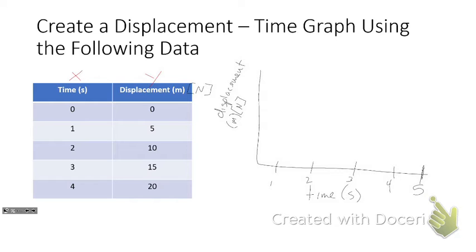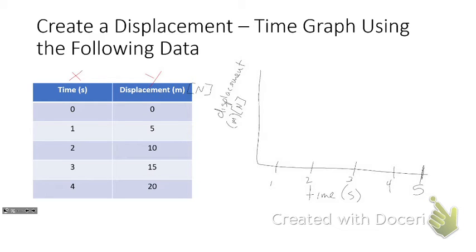You can't do 1, 6, 7, 9, 10. You would have to go up by a consistent amount each time. So it'd have to go 1, 2, 3, 4, 5, or 2, 4, 6, 8, 10, or 3, 6, 9, 12, 15, right? It can't be all over the place. And same with our displacement, it needs to have a consistent scaling.